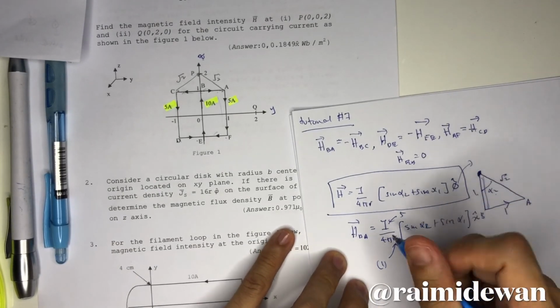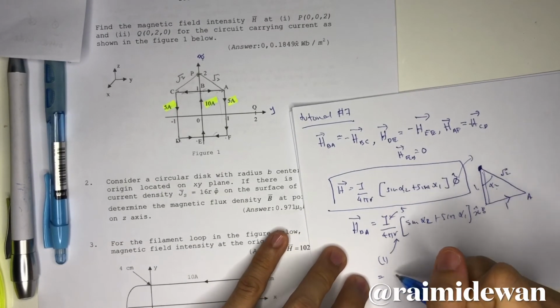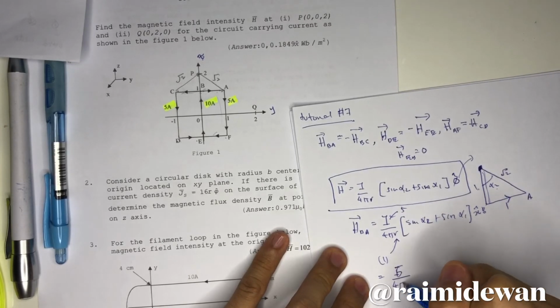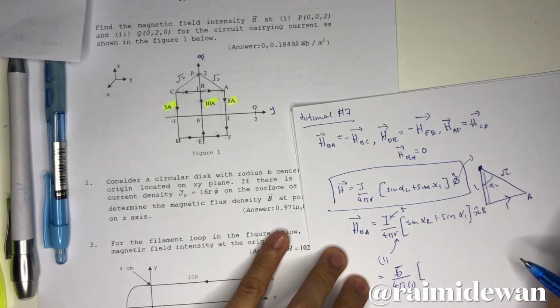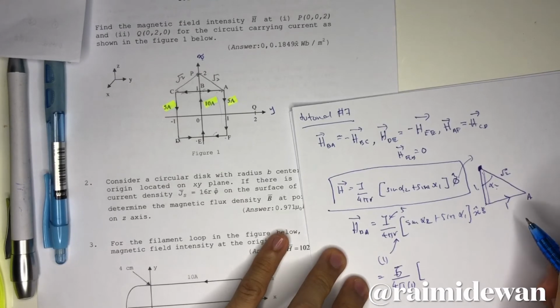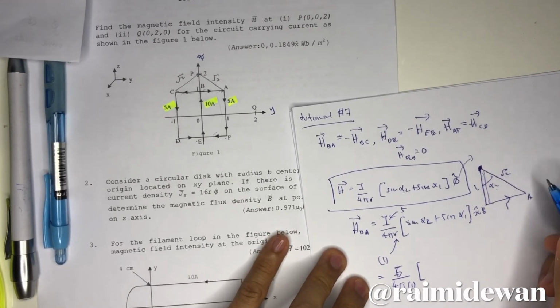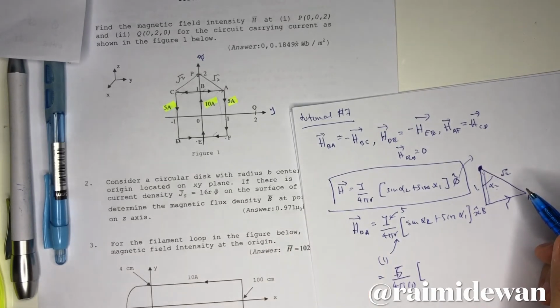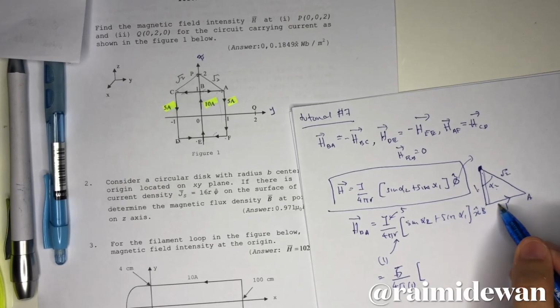So we substitute: I over 4 pi and 1. What is your sine alpha 2? Anybody? This is 1, this is 1.